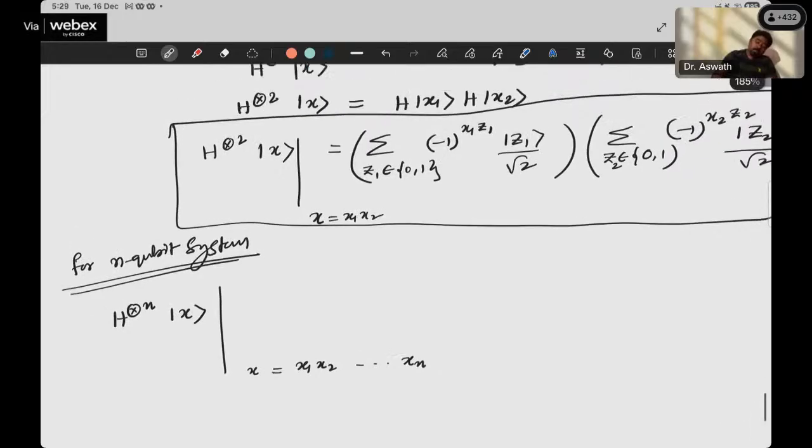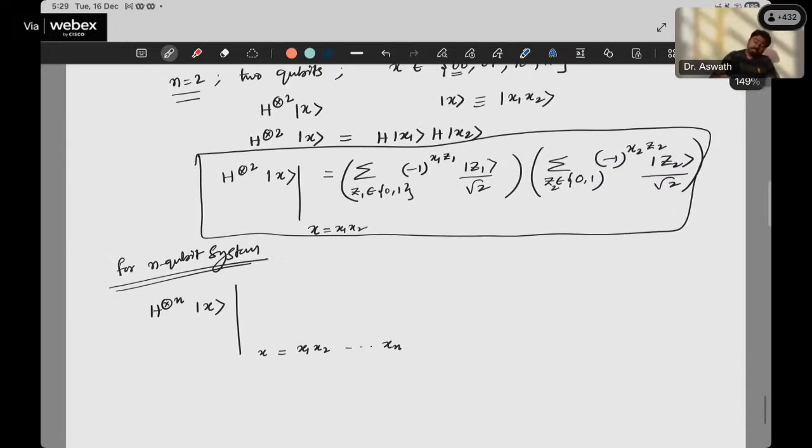Now, if you carefully look at this, there are two summations involved, so for n qubits you will have n summations. I simply say, z belongs to 0 comma 1 tensor n, minus 1 to the power of x1 z1 plus x2 z2 and so on up to xn zn.